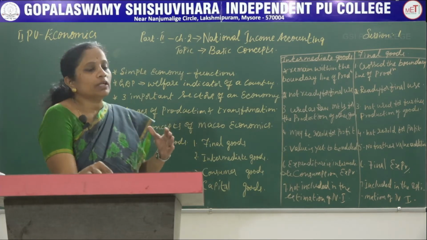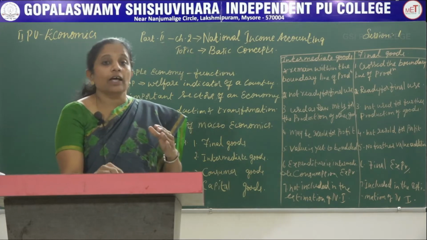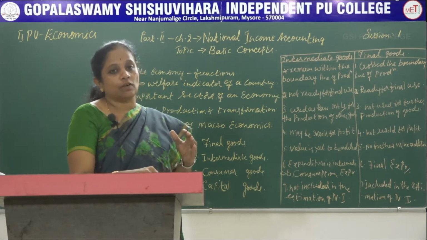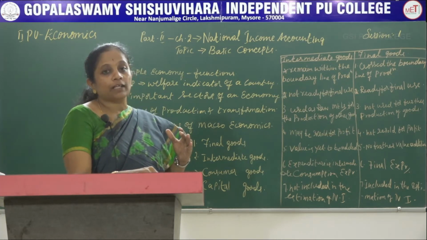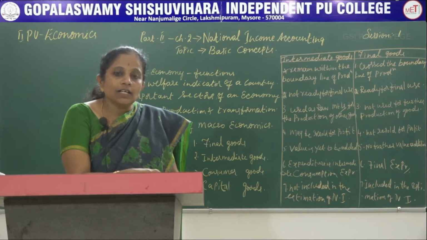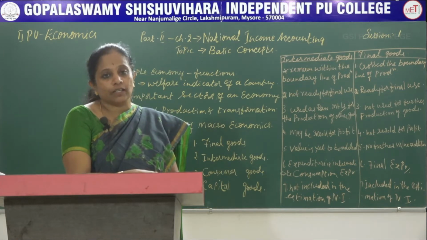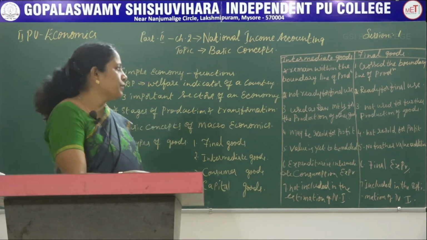The economy involves the household sector and the government sector as very important factors of production, as very important factors for the economic growth of a country. The household sector supplies the labor force, whereas the government sector supplies all the rest of the factors of production.